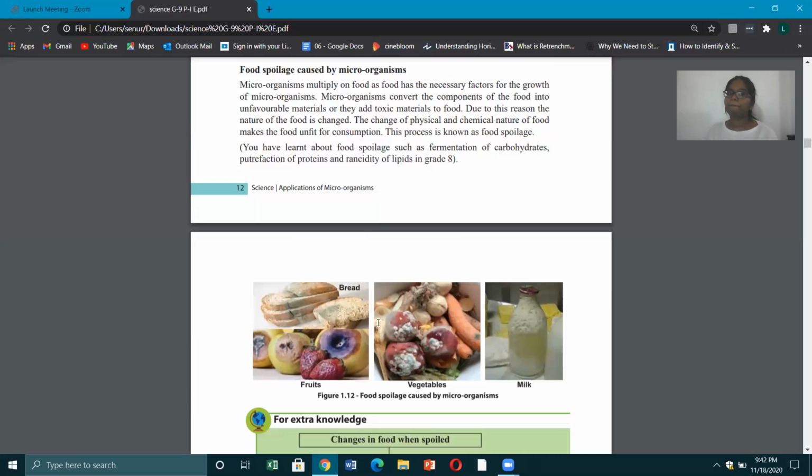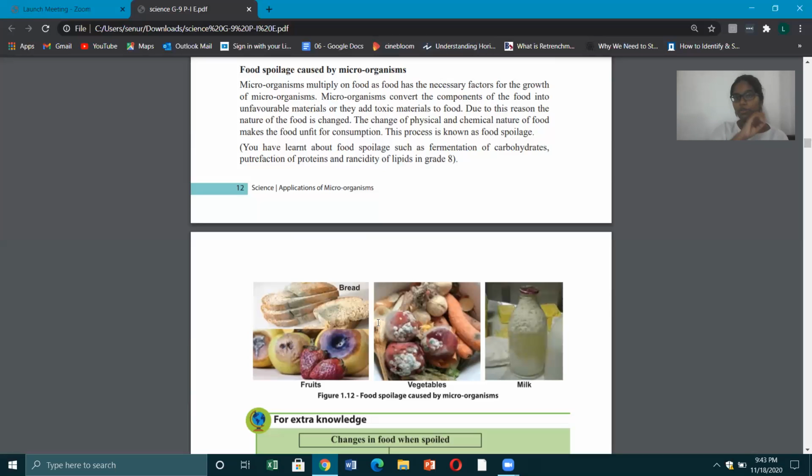So, children, there could be two types of changes that could happen: physical changes and chemical changes in food. Because of microorganisms, the physical nature of the food could change, and the chemical nature of food also could be changed. So this process is known as food spoilage.